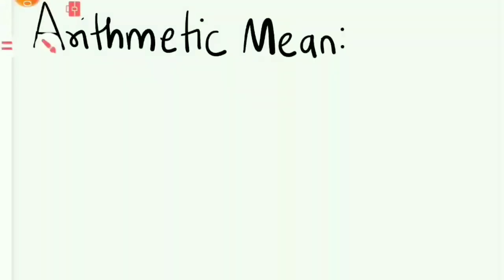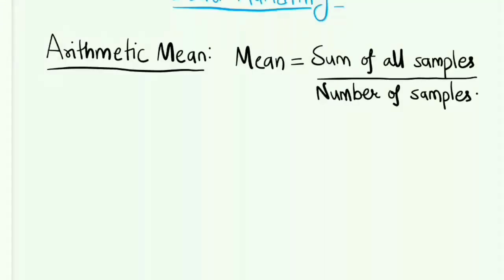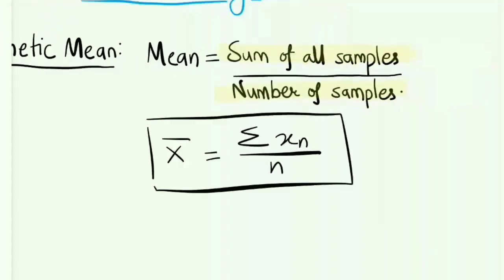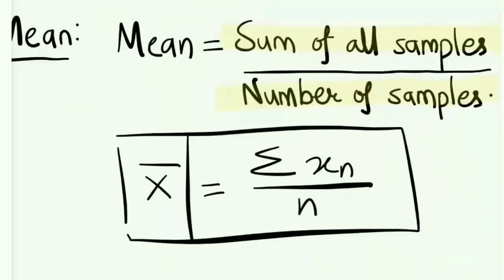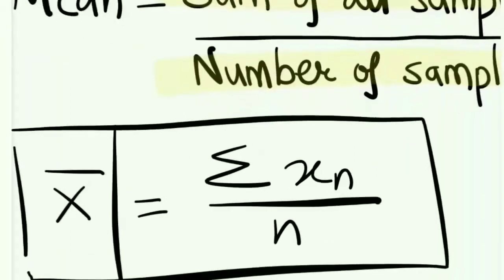Next is arithmetic mean. Now we saw central tendencies. Let's revisit them. Arithmetic mean can be calculated like this. Mean is equal to the sum of all the samples divided by the number of samples. Now it's very easy to learn the formula. X bar is equal to summation of xn, that is, x bar means mean of all values of x, is equal to this symbol, which means summation.